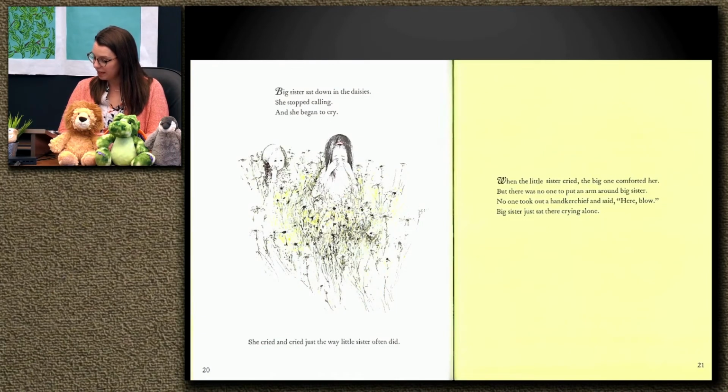Big Sister sat down in the daisies. She stopped calling, and she began to cry. She cried and cried just the way little sister often did. When the little sister cried, the big one comforted her, but there was no one to put an arm around Big Sister. No one took out a handkerchief and said, "Here, blow." Big Sister just sat there crying alone.